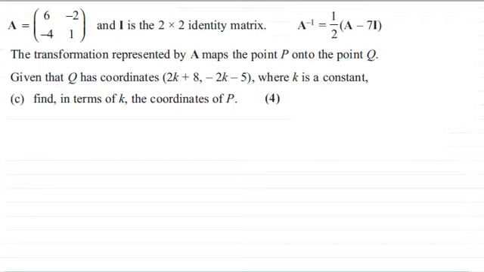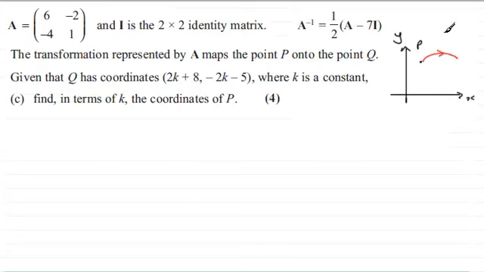So I'm going to draw a sketch just to illustrate what's going on first of all. We've got our axes, x-axis, y-axis, and we've got a point somewhere on this, which is, say, P. And if we use the transformation A, then this moves to a new point.